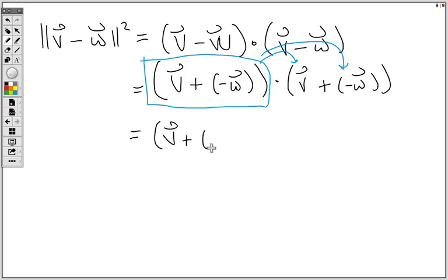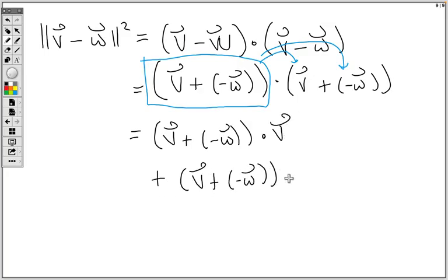So v plus the opposite of w dotted with v, plus v plus the opposite of w dotted with the opposite of w.